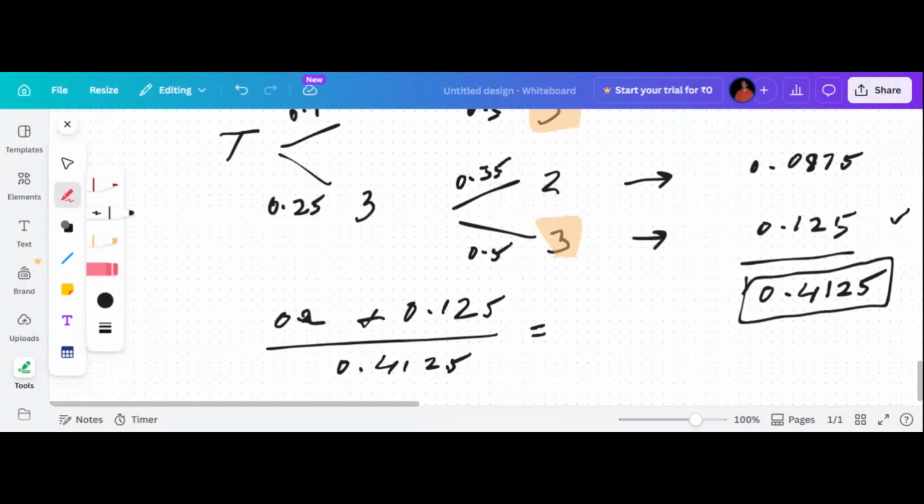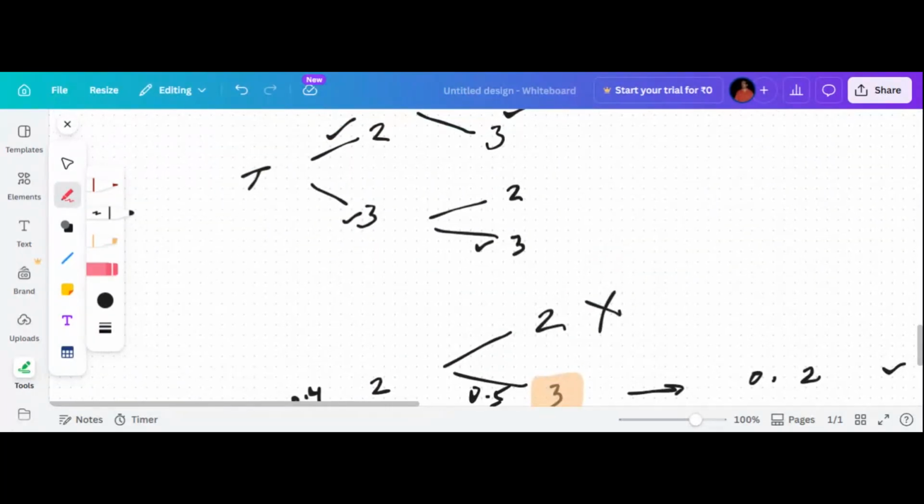That is 0.2 plus 0.125 divided by 0.4125, or 0.7878.